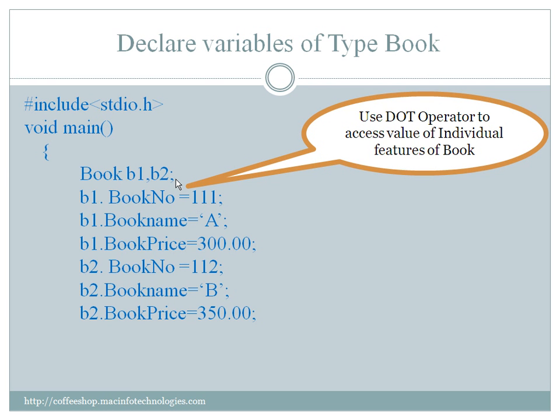B1 is of type book and B2 is also of type book. Similarly, it's very similar to how we declare primitive variables like int, float. So int A, B: A and B are variables of type int. Here B1 and B2 are variables of type book.